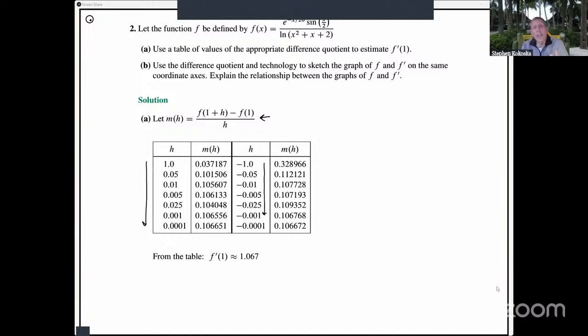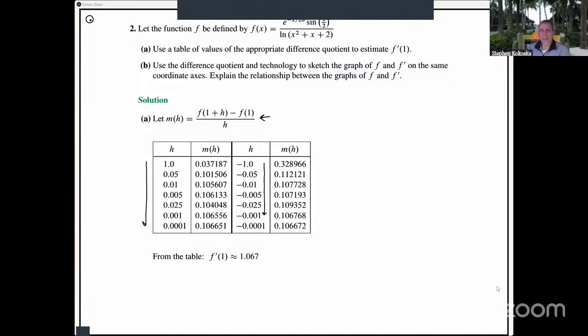Sometimes when I do these problems and I arrive at this numerical value, I think, well, maybe that's a numerical approximation of an exact value that I might be able to see here. But boy, looking at that expression for f, I'm not sure. Could you take the derivative of that? Yeah, I guess I could. It's a quotient, so that would be the overriding rule.